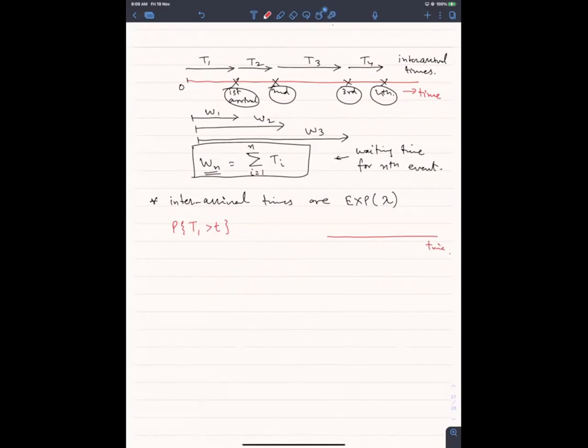The events are arriving. The first arrival here, second arrival here, starting from 0. So this is T1. The probability that T1 exceeds certain time t, इसका क्या मतलब है?